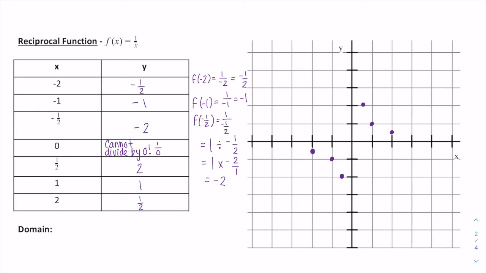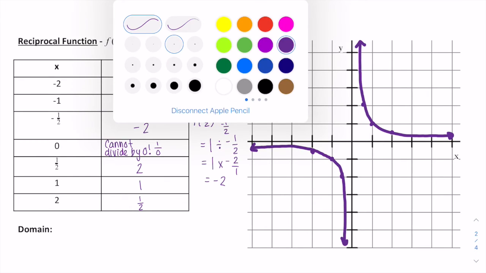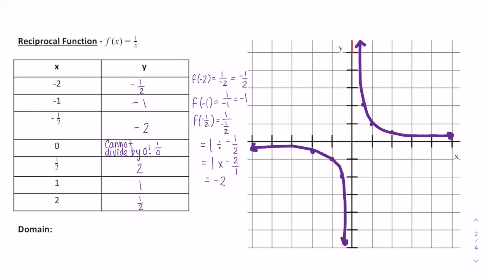Like this, and then we're going to connect the curves like this. If you notice, it has kind of a funny shape, and my graph never touches these two lines. That means that these two lines are called asymptotes.